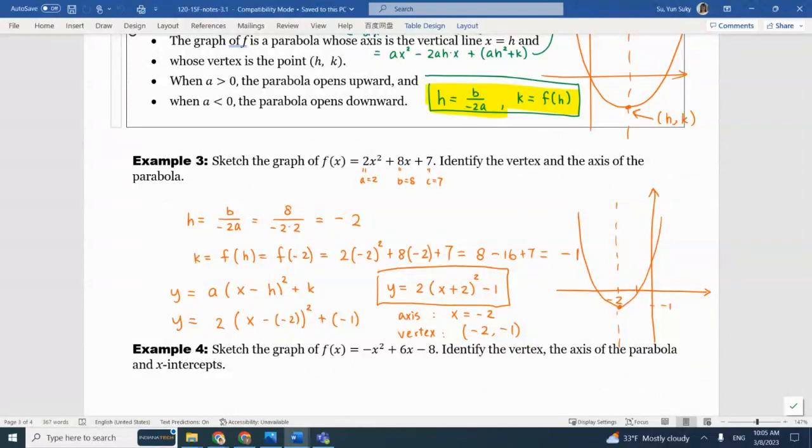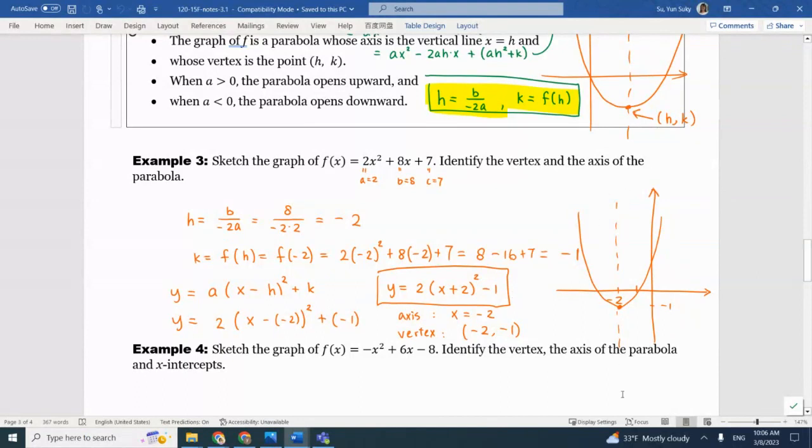Since h is negative 2, whenever you see x, replace x with negative 2. Therefore we get negative 1. So this is the standard form: a is 2, h is negative 2, k is negative 1. Therefore, this is the standard form of the parabola.